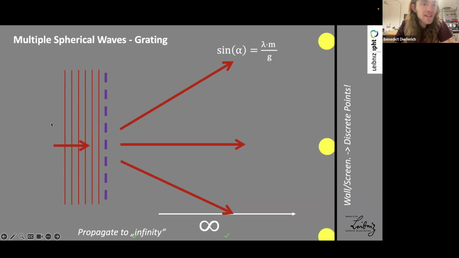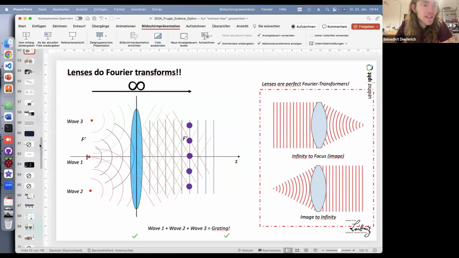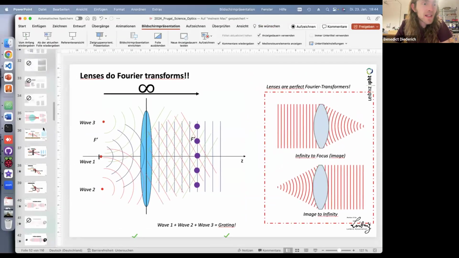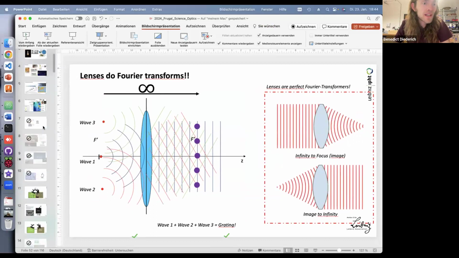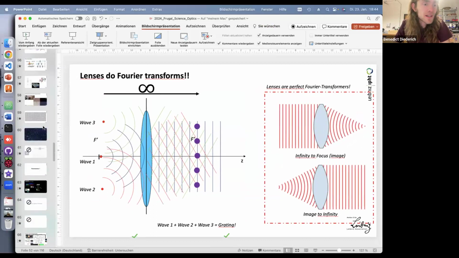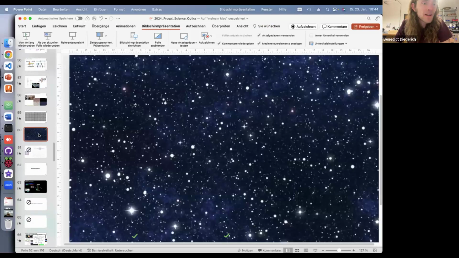I think to make it a bit more clear, there's a very simple analogy that we can see every day. So if you are somewhere where it's dark right now, you look in the sky and see many of these little dots, stars, then you may have the impression that some of the stars are bigger than others. That's actually only partially true. It might be true, but our eye is also diffraction limited.